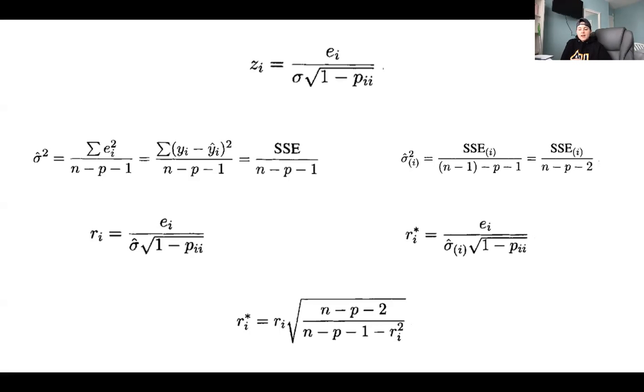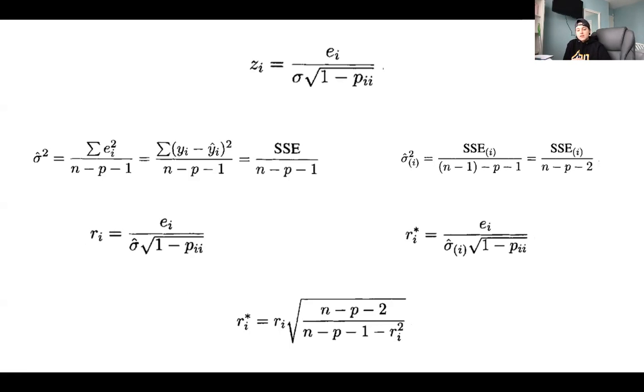Using sigma hat to estimate sigma, we would get our r sub i. Now our r sub i is equal to our e sub i value that we saw earlier, divided by our sigma hat times the radical of 1 minus our p sub ii value, which we also found earlier.